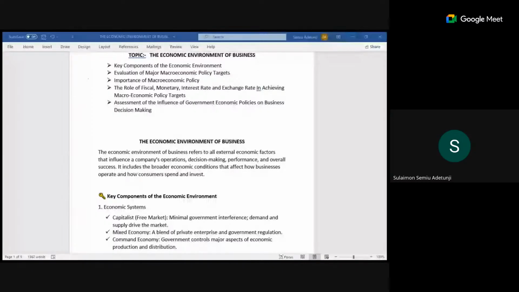I just use this as an example of when the CBN was trying to use monetary policy to reduce the rate at which our naira was depreciating, because at that time they were borrowing funds to sustain the naira, and they needed to build our own reserve.